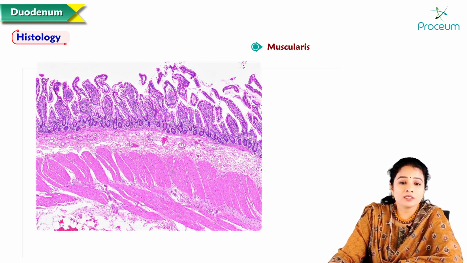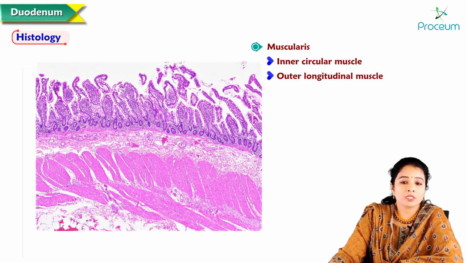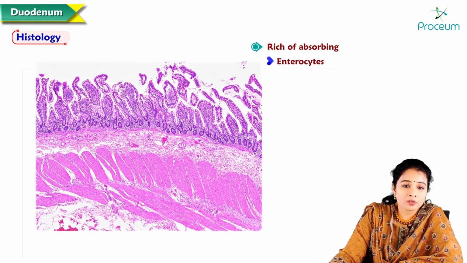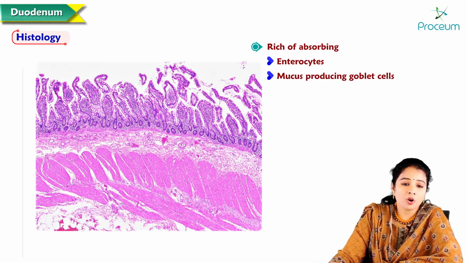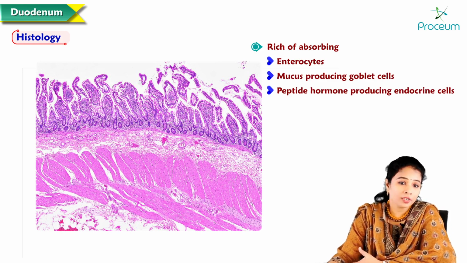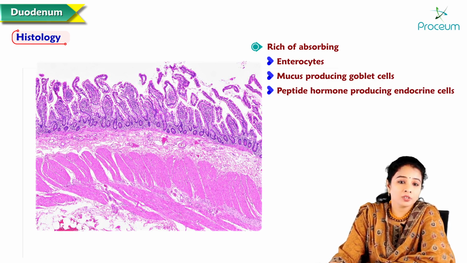So, the muscularis consists of an inner circular and outer longitudinal musculature, between which there are nerve plexus called as Auerbach's plexus. The duodenum is rich in absorbing enterocytes, mucus producing goblet cells, and peptide hormone producing endocrine cells. So, these are the cells which are present in duodenum.